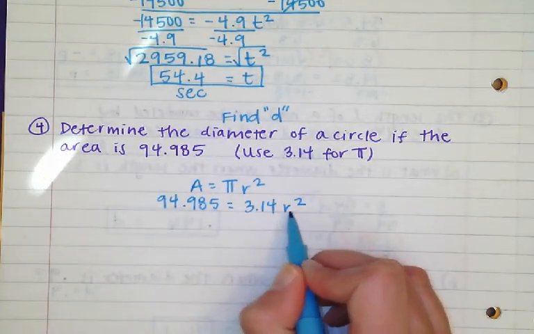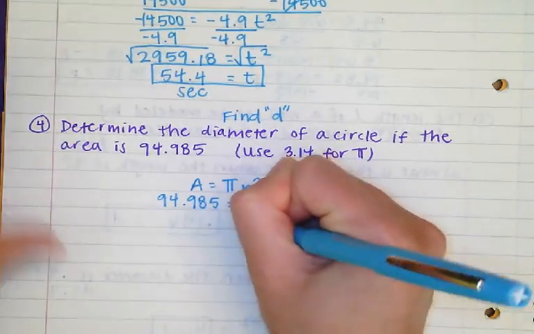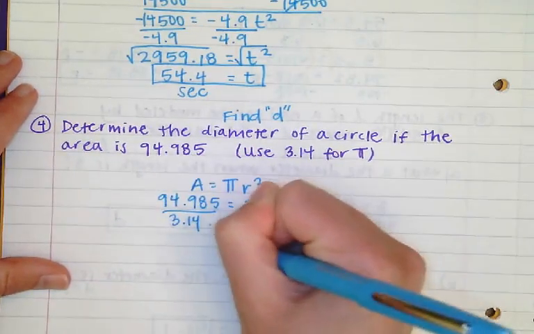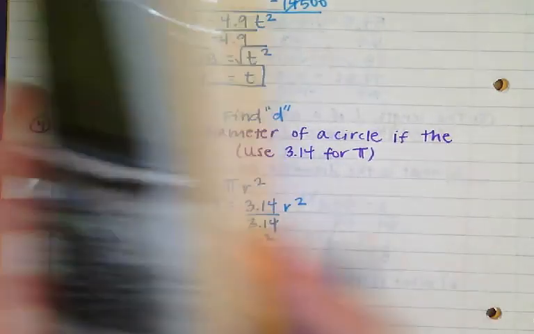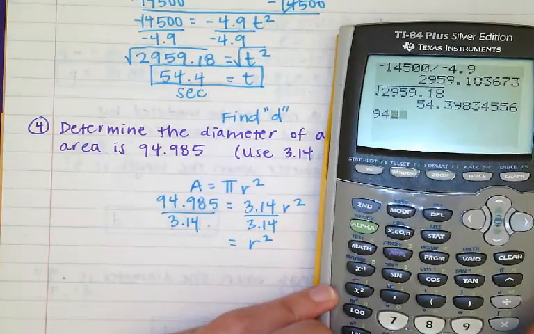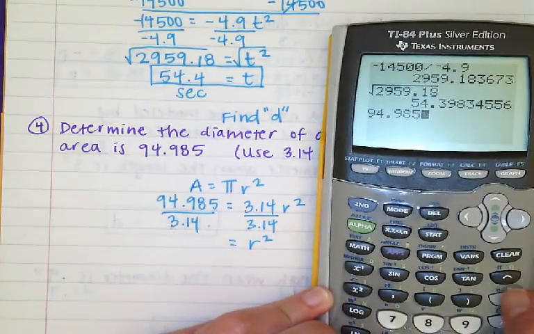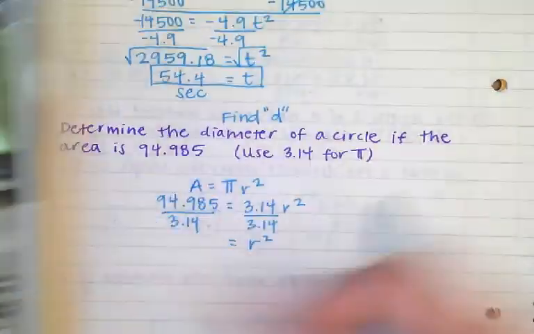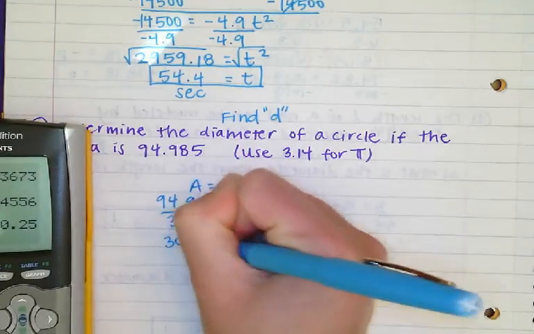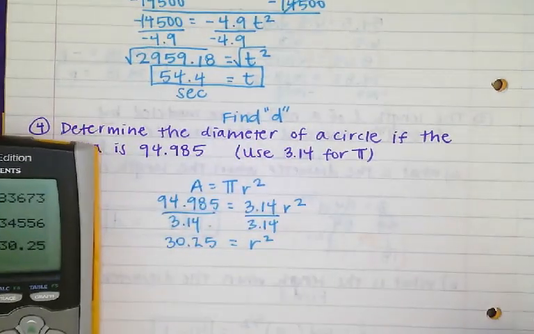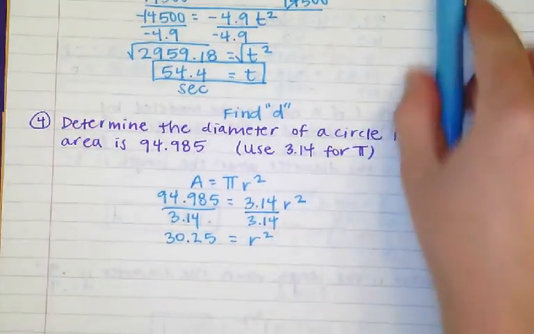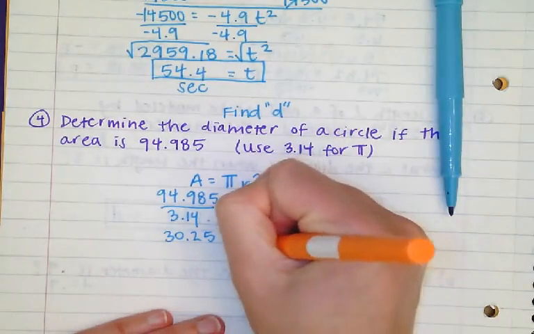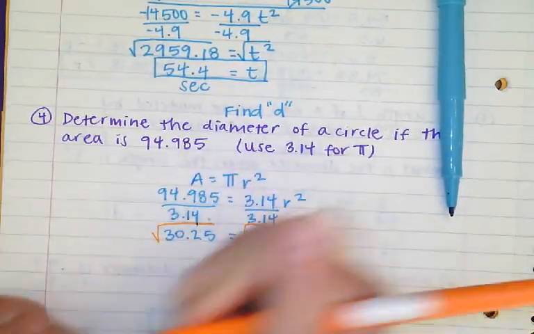Okay, so to isolate r, let's divide both sides by 3.14. And I get, a nice number, 30.25. And now I can take the square root of both sides in order to cancel the squared on r. Square root, square root.